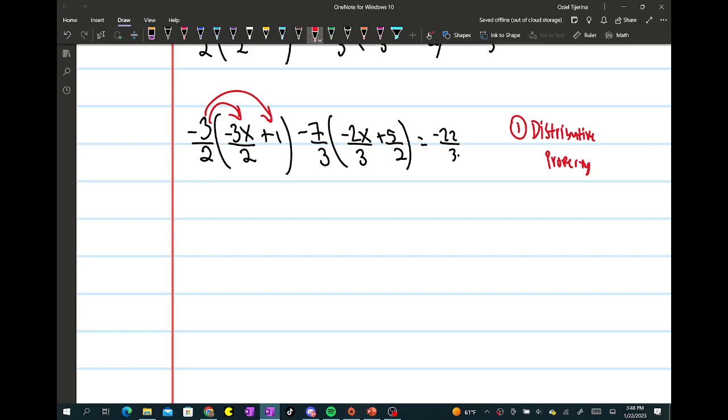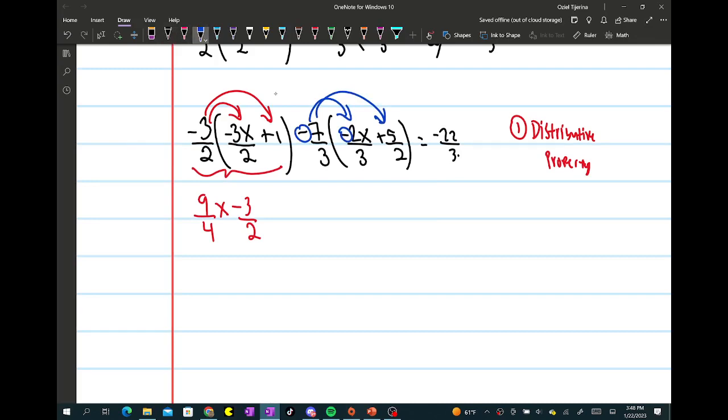So this becomes 9 over 4x, and then minus 3 over 2, right? This is what we have for this. And then we're going to do distributive property over here. Now, here's a negative and a negative, right? It becomes positive.